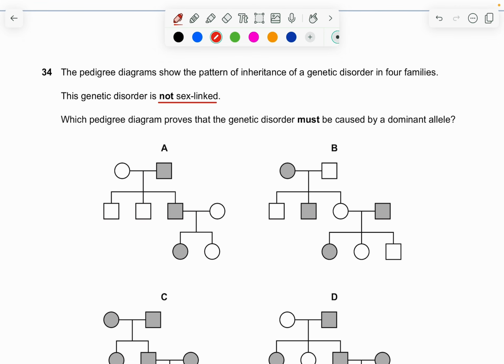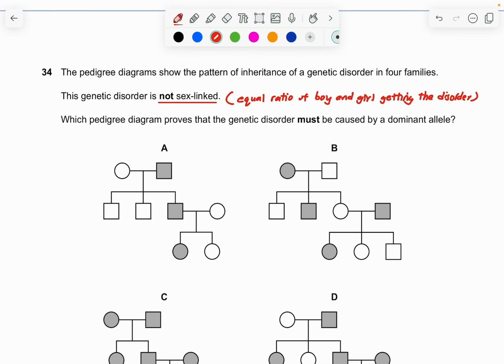When the genetic disorder is not sex-linked, it means that there could be an equal ratio of boys and girls getting the disorder. If the question says that it is sex-linked, boys have a higher chance to get the disorder than females. Females are usually the carriers.